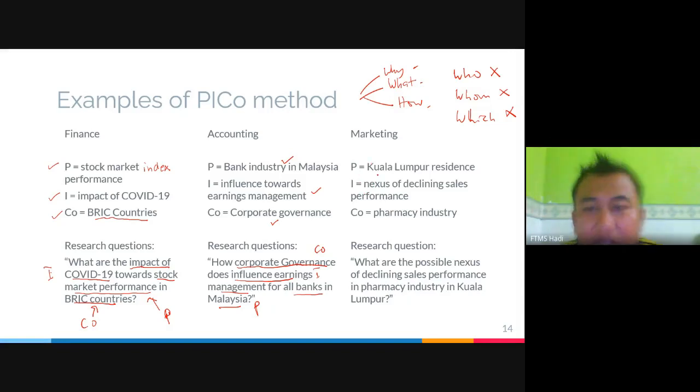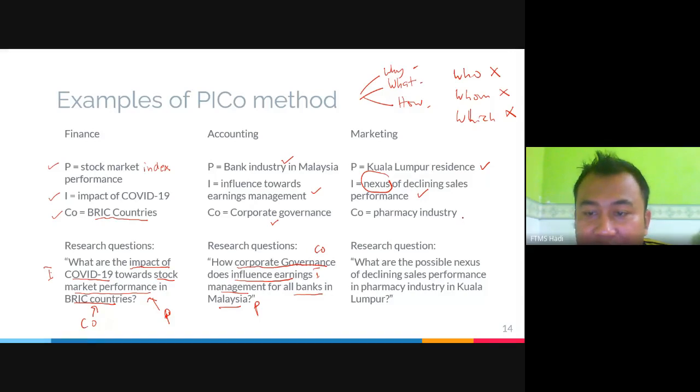Have a look at marketing. I'm interested to study the nexus of declining sales performance. Nexus means the connection, the factors that influence declining sales performance. The population is Kuala Lumpur residents because probably that kind of student wants to give a questionnaire later on to Kuala Lumpur residents.